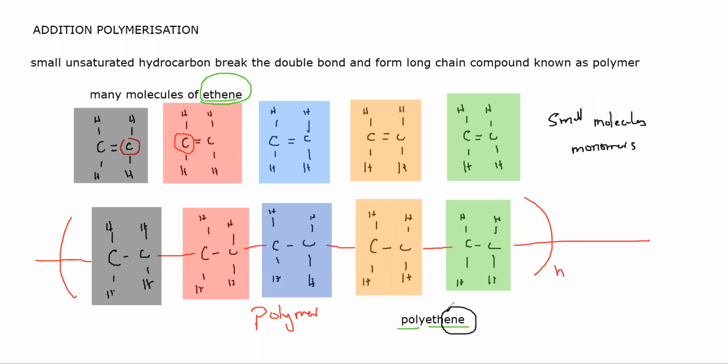For polymers, the rule for naming is not according to the number of carbon atoms, we do not count the carbon atoms. Otherwise, some polymers have more than 60 carbon atoms. So it would be difficult to name according to the number of carbons and the bonds present within the polymer. That's why, to make it convenient, we just name the polymer after its monomer. We include the word poly and then the name of the monomer is used so we can easily recognize it.